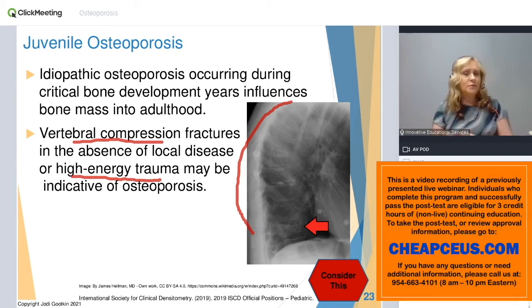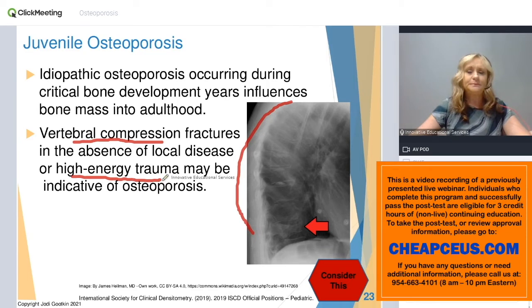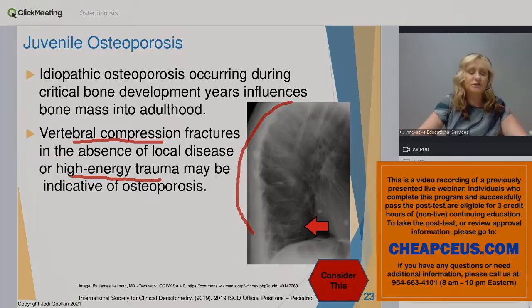In that case, it would be considered type 2, something just to keep our eye on so that we step back and look at our patients holistically and see if we need to make other referrals back to the physician if there might be another cause for those fractures.